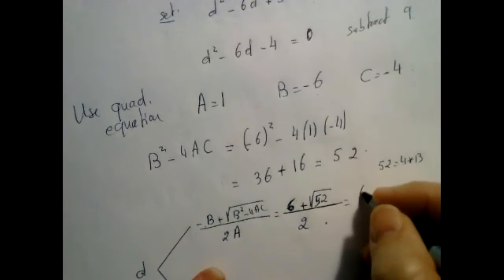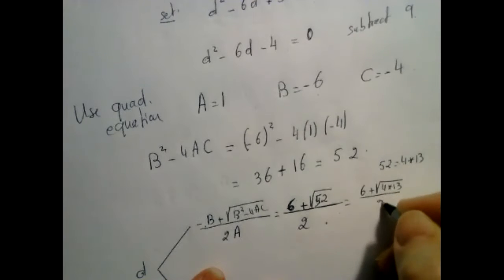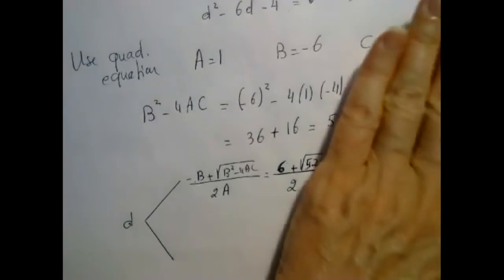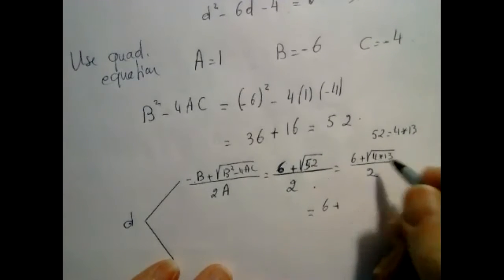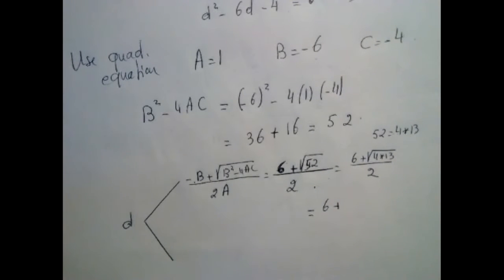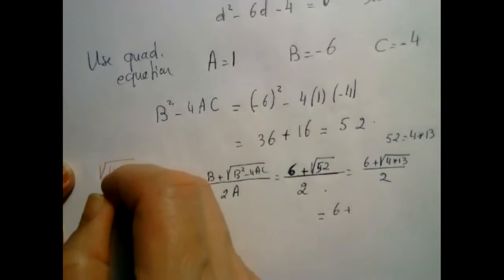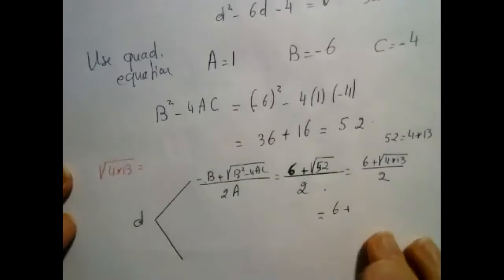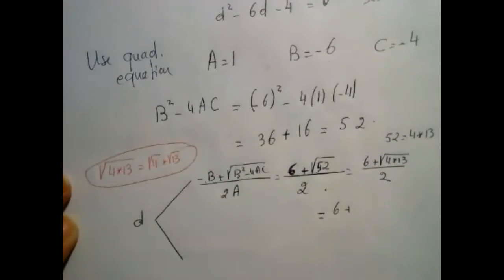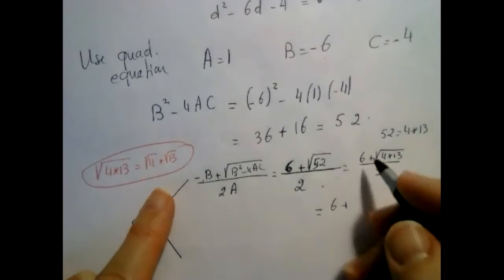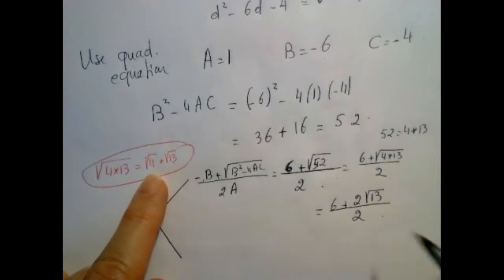So this would become 6 plus the square root of 4 times 13, over 2. I'm doing purely algebra now. And this is something I'm going to mention again today: you can break it. The square root of 4 times the square root of 13. So this is going to give me 2 square root of 13 divided by 2.